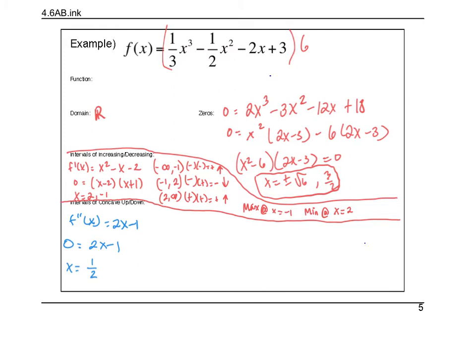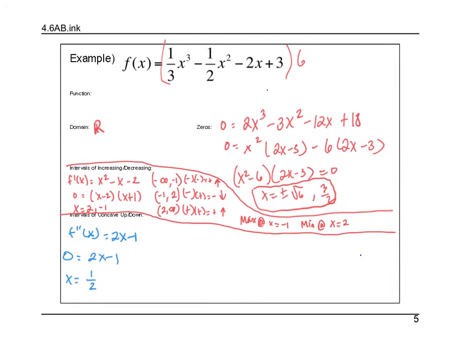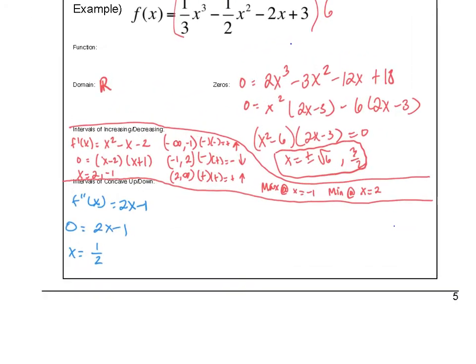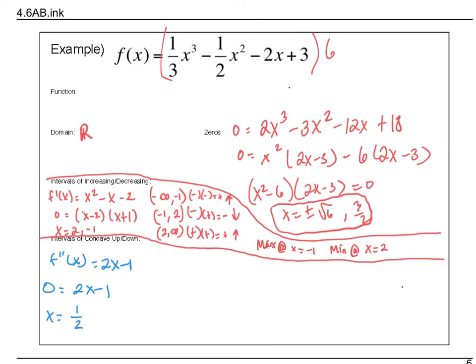Okay. So breaking up the domain: negative infinity until a half, and a half until infinity.